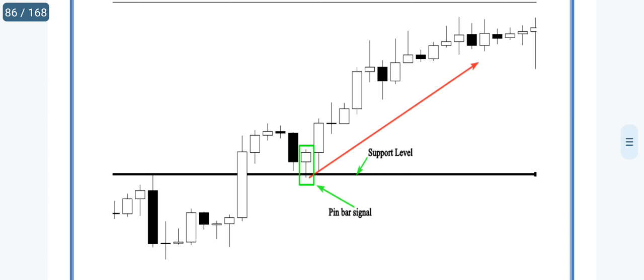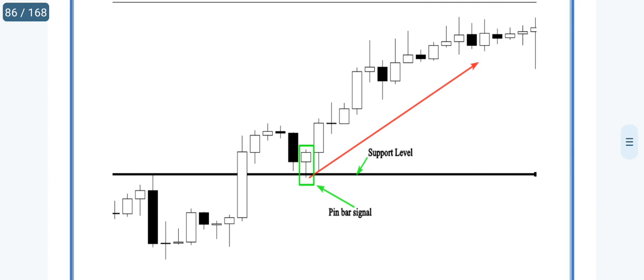So we have our support level. We are seeing that after the penny bar hits the support level, the prices are rejected, and such a penny bar is called a bullish penny bar. We are seeing that after hitting the support level, the market is trending upwards.